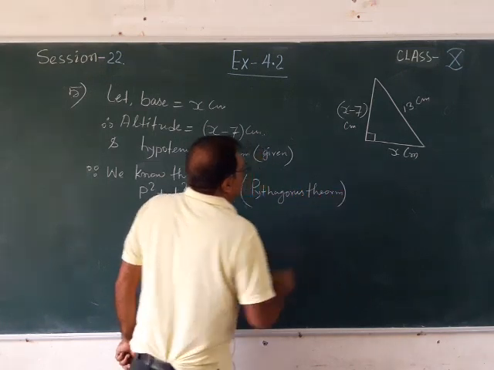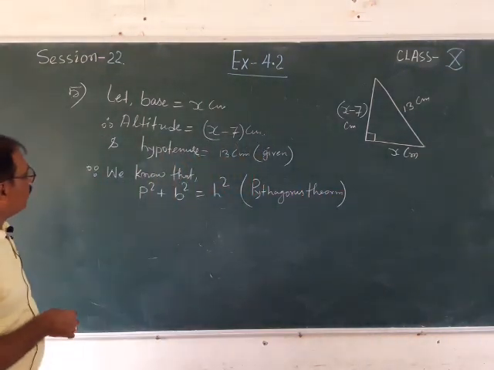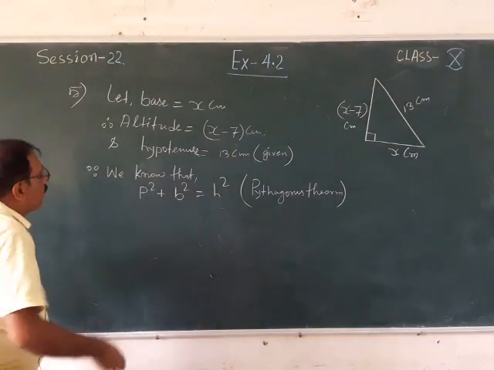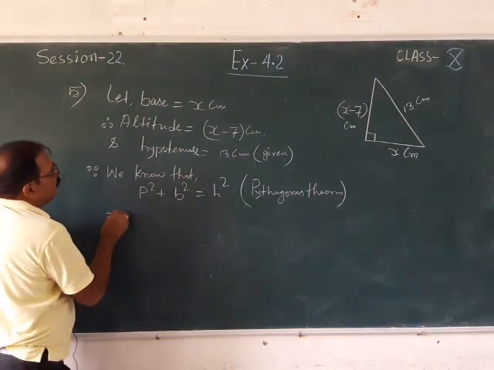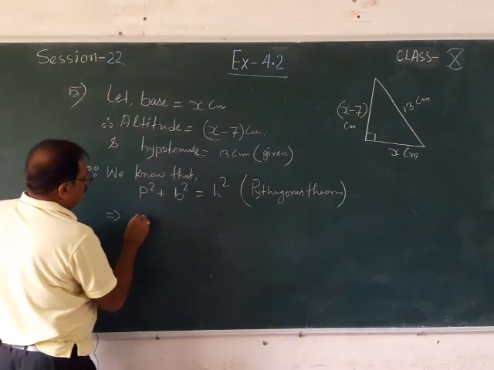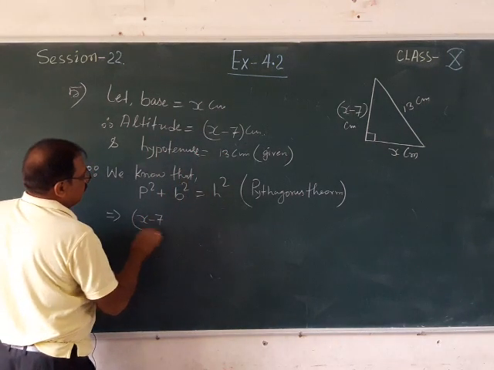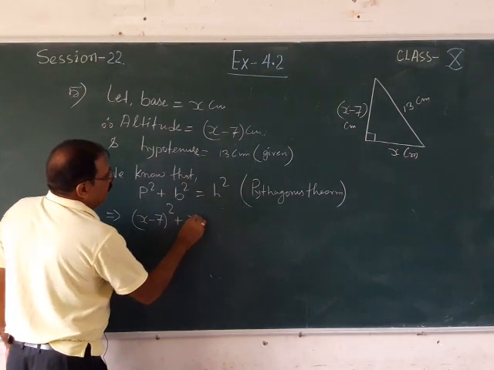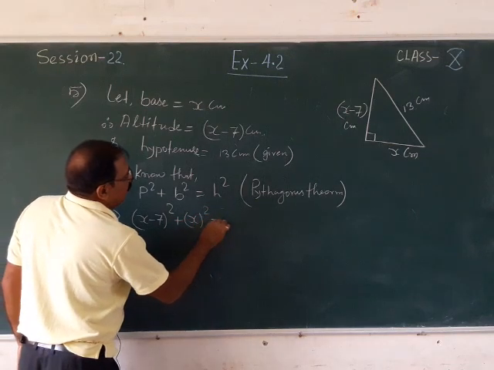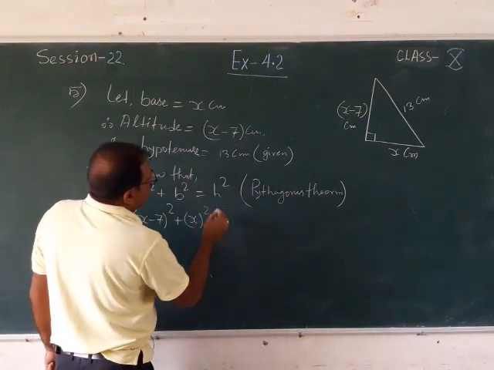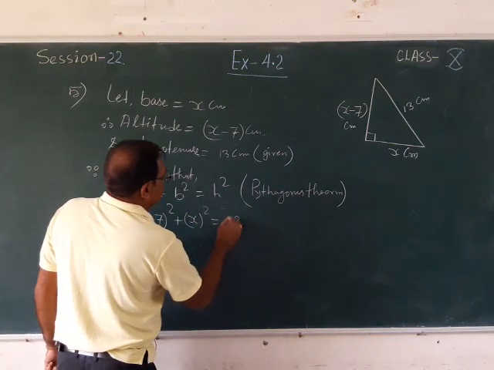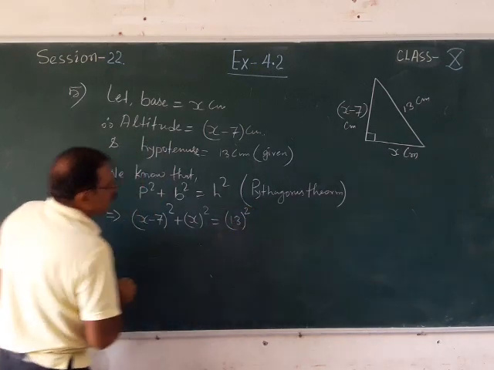Here perpendicular means altitude, which is x minus 7 whole square, base is x square, and h means hypotenuse is 13 centimeter square. So I can write it like that.